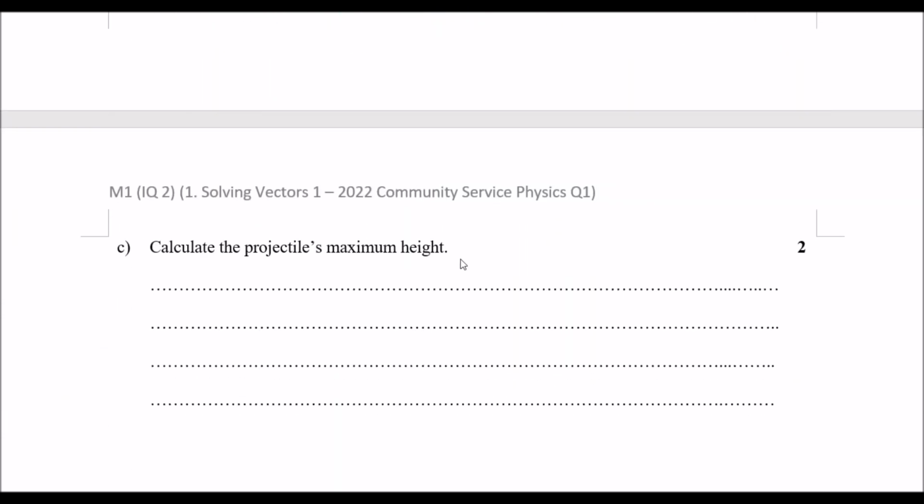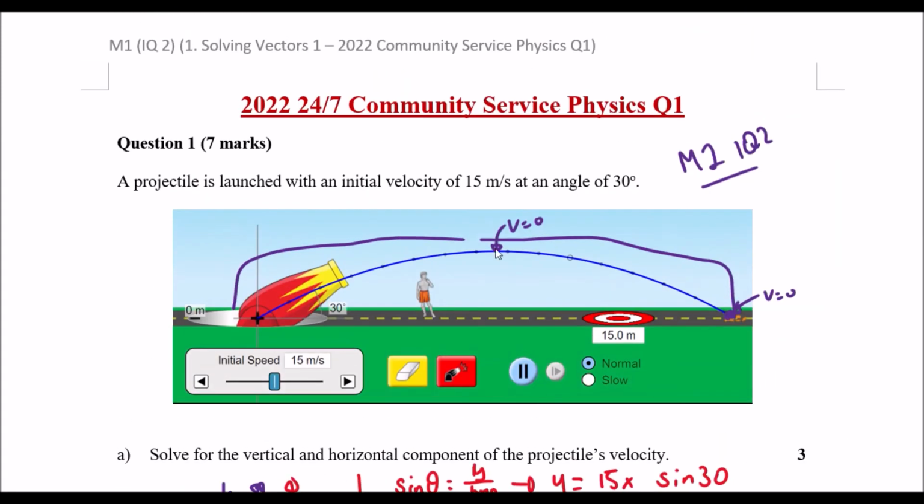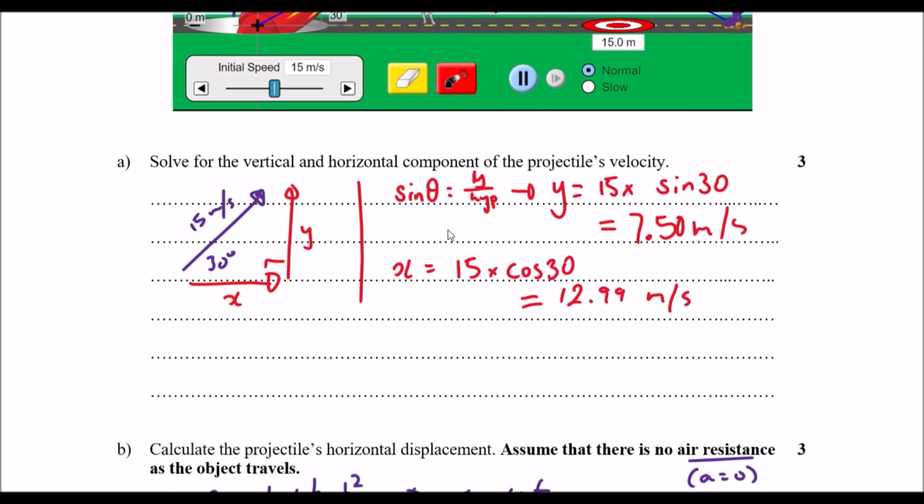And then our last one is to calculate the projectile's maximum height. So we want to see what this displacement is at this point here. Well, we already know when it's in the y-axis, when it reaches peak height, its final velocity is 0.